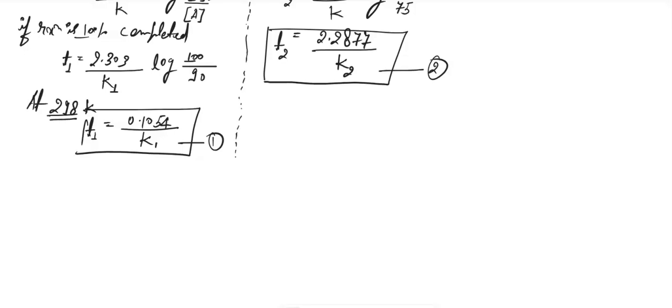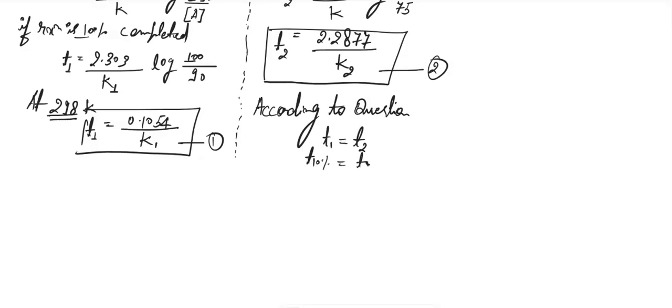The time required for 10% completion equals the time required for 25% completion. So from equations 1 and 2, putting the values, 0.1054 upon K1 equals 2.2877 upon K2.